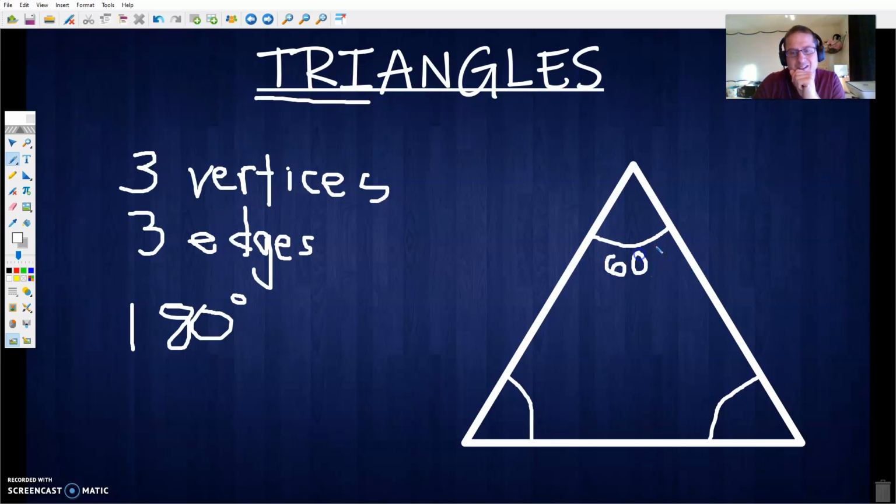So each of them is 60 degrees because 60 plus 60 is 120 plus another 60 gives us the 180. So those are the specifications that make up a triangle. It is a closed shape, which means all of the edges connect. It has three vertices, three edges, and those angles are going to add up to 180 degrees.